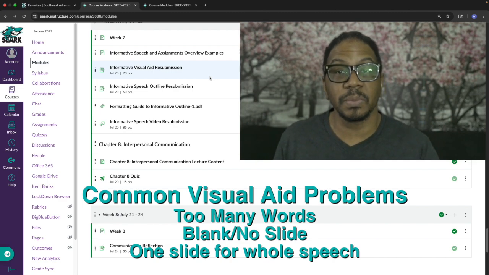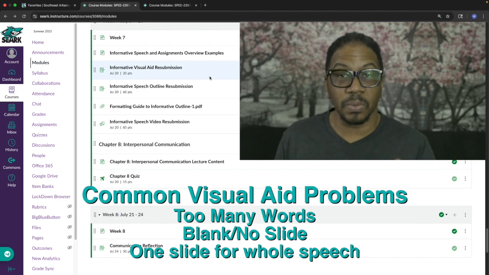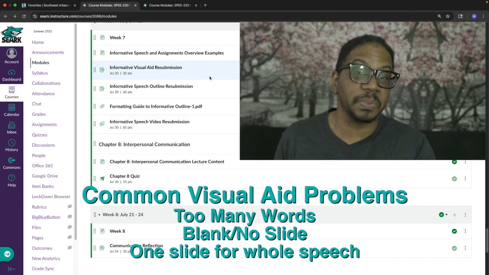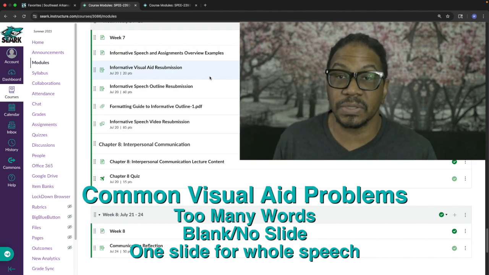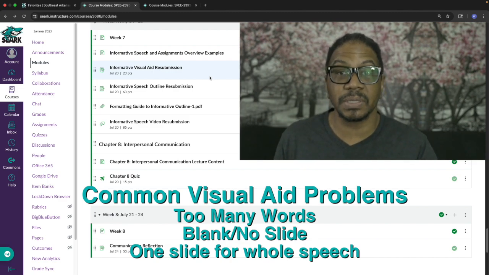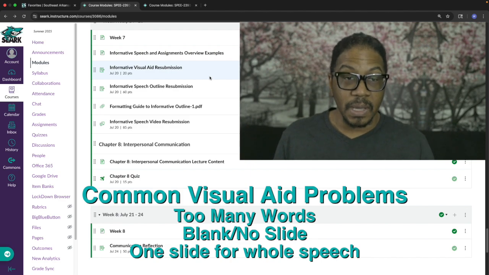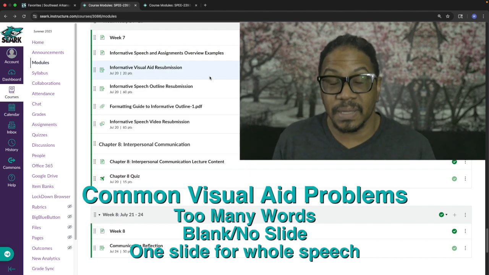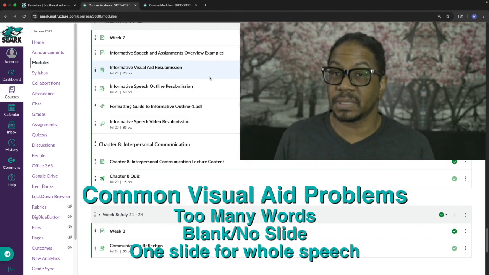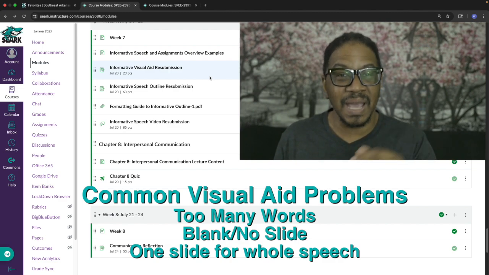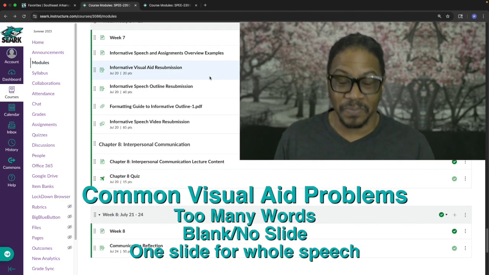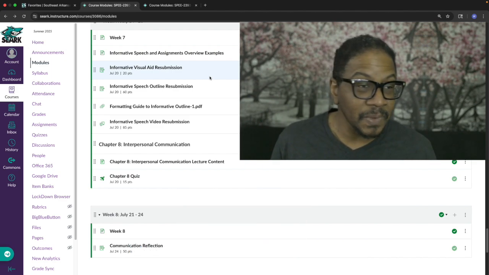If it's so many words where you're reading it word for word, or I can read your speech based on your visual aid, then that's too many words. You want some key points, okay? Or the opposite of that, some people just have basically a blank background or one title screen, and that's it. In that instance, your visual aid needs to be more than that.